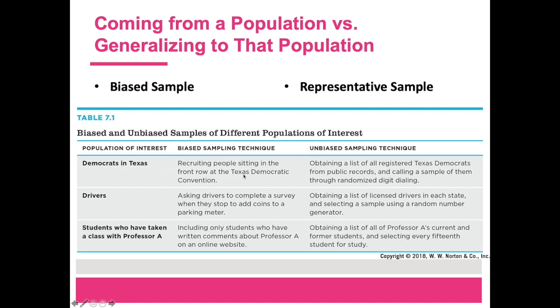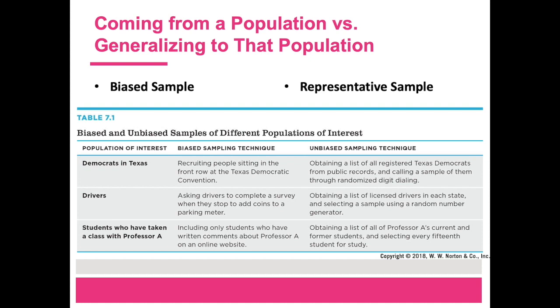Why would that not represent all Democrats in Texas? So one reason could be that people in the front row are the most passionate of all the Democratic individuals in Texas. They are there early, they're there participating. That means they are very, very involved. It's unlikely that all Democrats in Texas are as involved as those people.